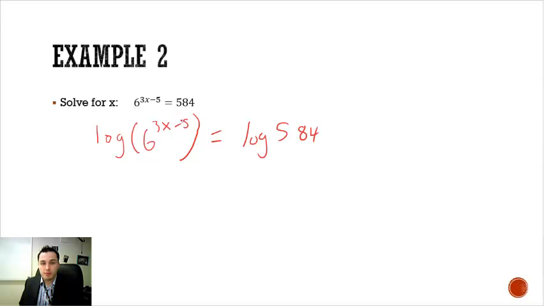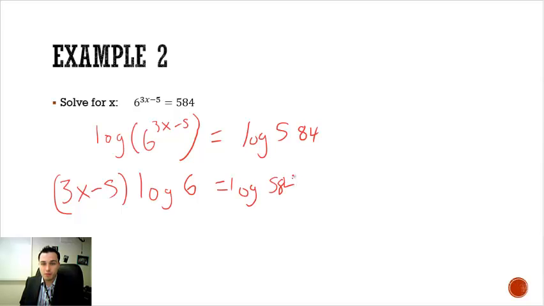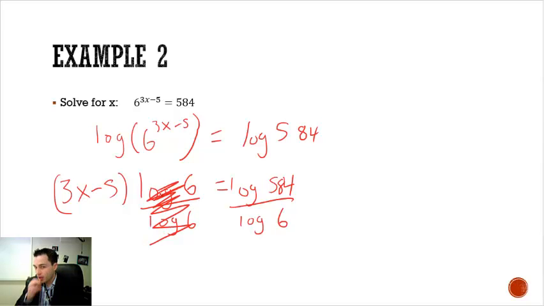And then bring that 3x minus 5 down in front, so it's 3x minus 5 times the log of 6 equals the log of 584. Divide both sides by log of 6. Okay, so it's going to cancel this. And that's just going to leave me with 3x minus 5 equals whatever this decimal is.